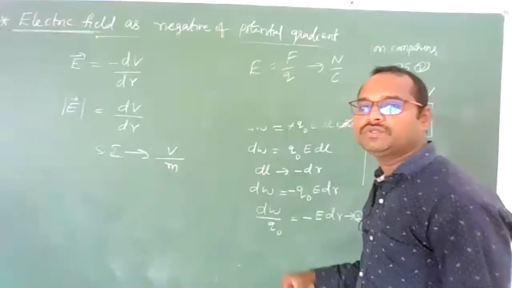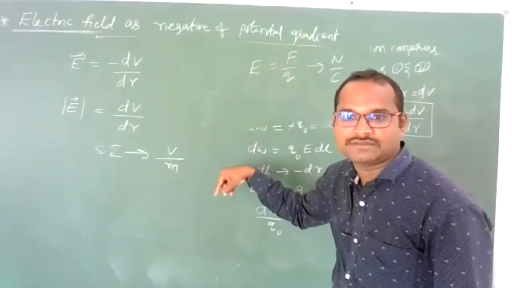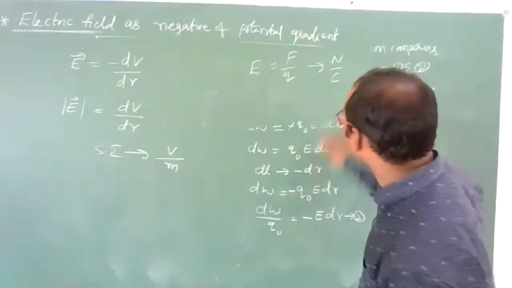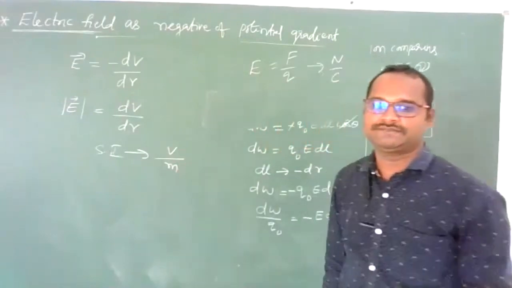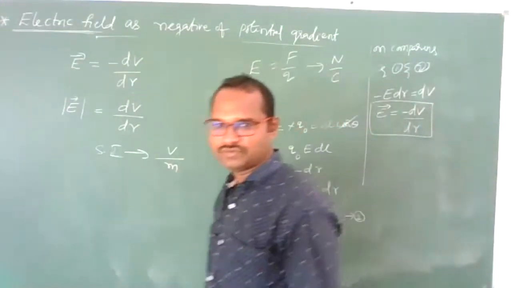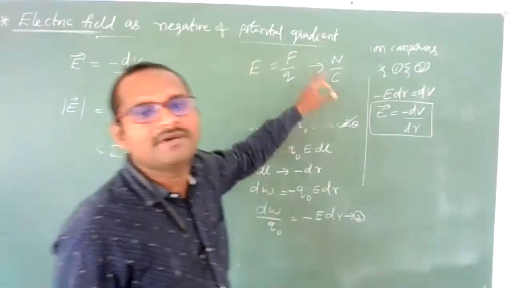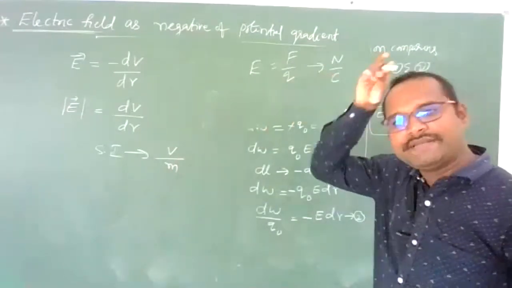At that time, I told you that electric field has another unit, that is volt per meter. Here I am giving it to you: the SI unit of electric field can be Newton per Coulomb or volt per meter. Remember this. Depending upon the situation, you can use either unit.